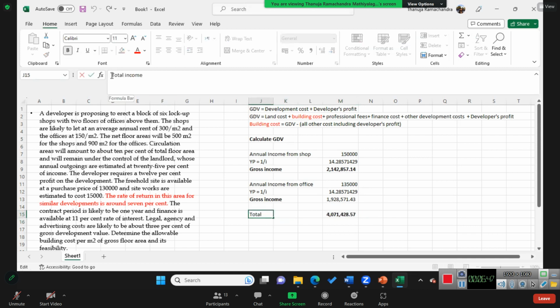So the GDV. Right? So we need to calculate now all the development cost.